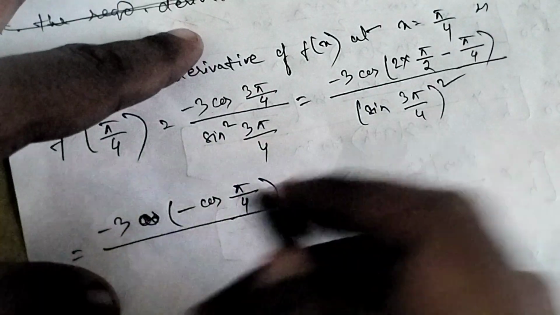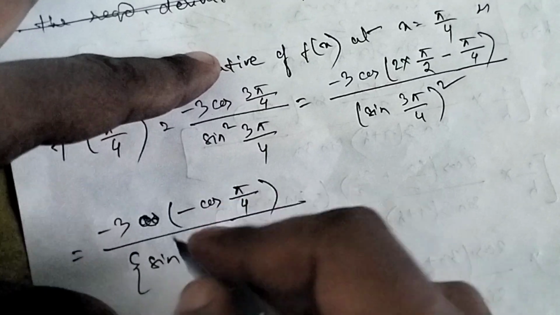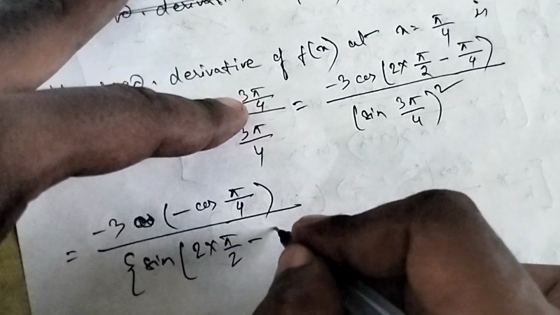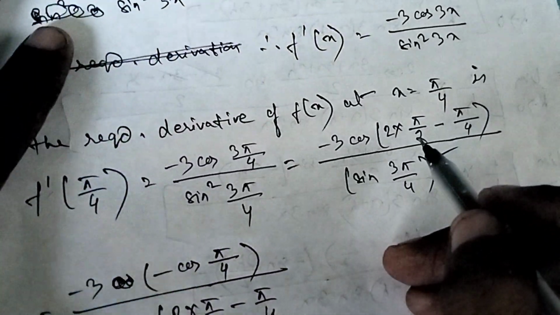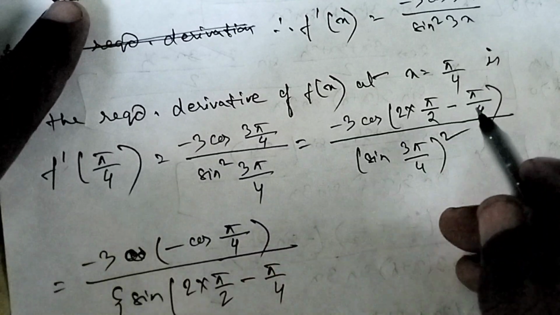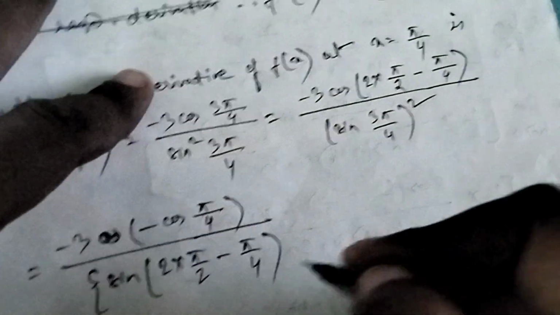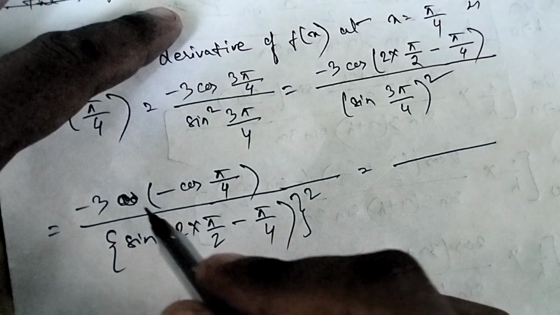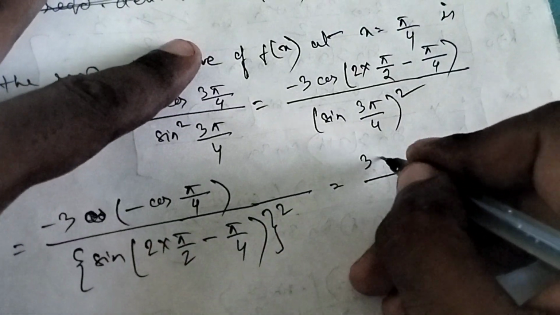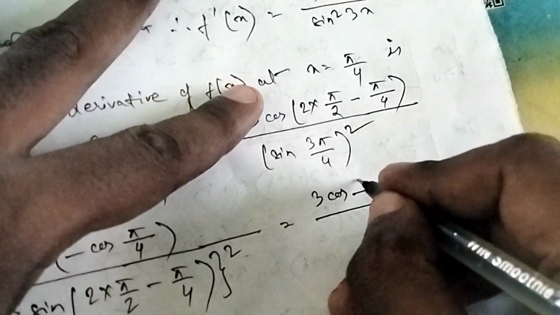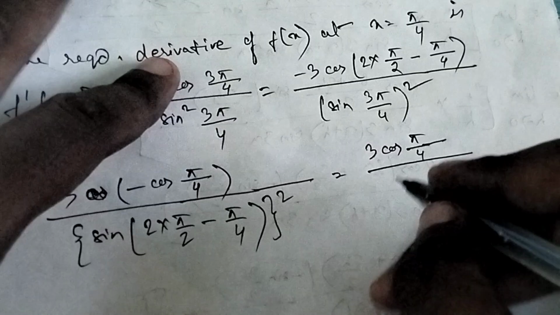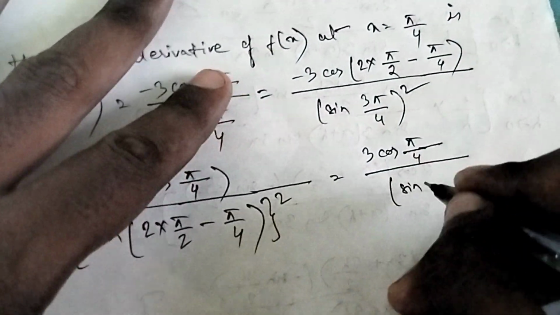Okay, so now in here it will be sine 3 pi by 4, we can write it in this way, 2 into pi by 2 minus pi by 4, as we wrote in the numerator. Okay, so it would be minus minus will be plus 3 cos pi by 4, and it would be sine pi by 4 whole square.